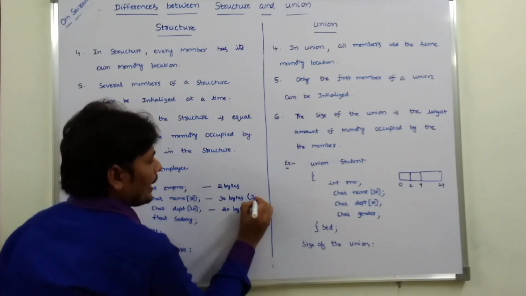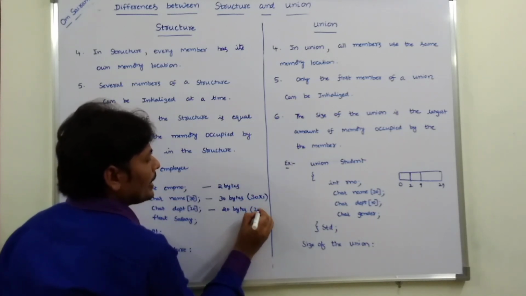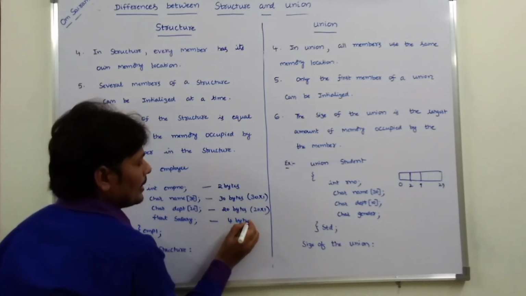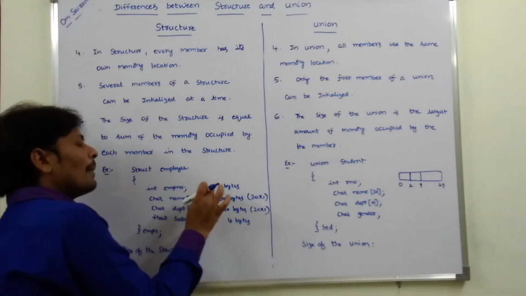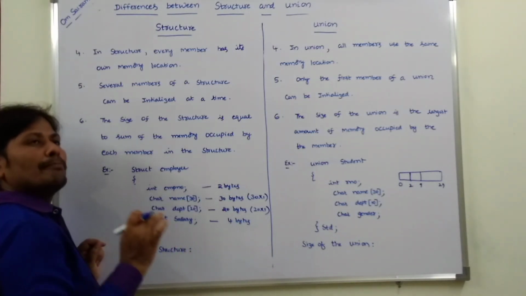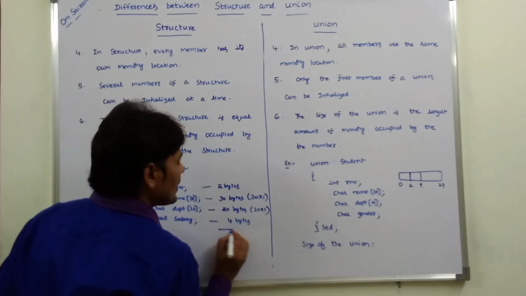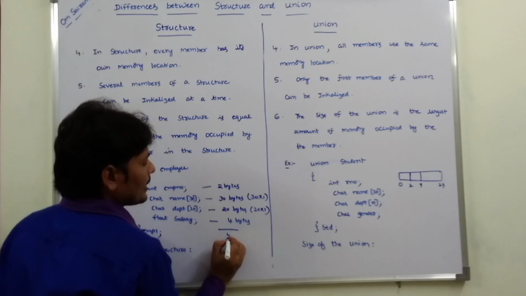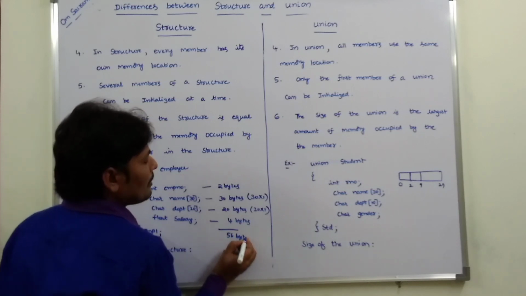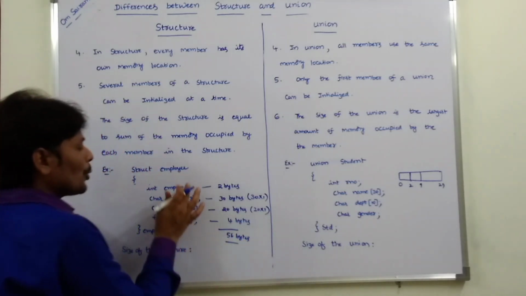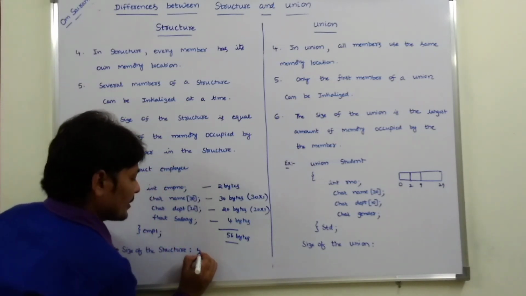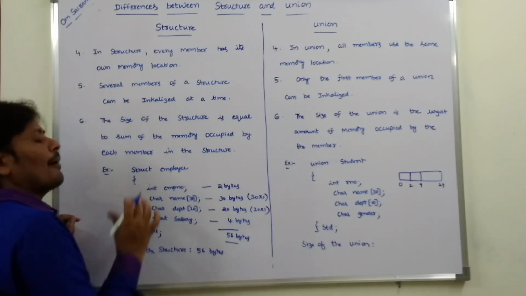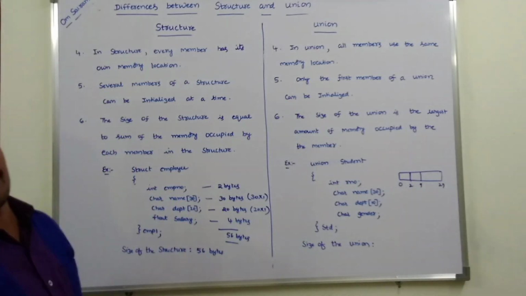Here 4 bytes of memory is allocated. So the sum of the memory occupied by each member is called the size of the structure. So 2 plus 30, 32, 52, 56. So 56 bytes of memory is allocated for storing all the members of the structure.